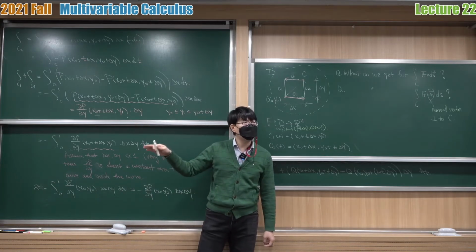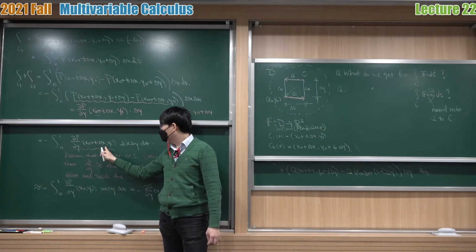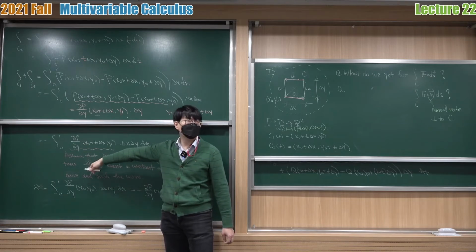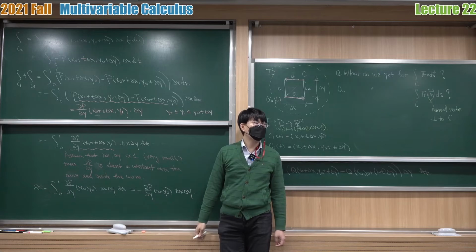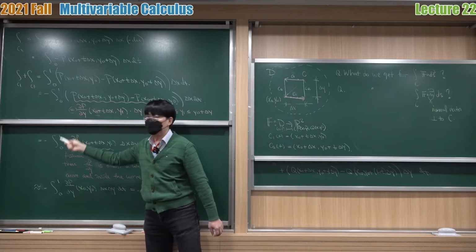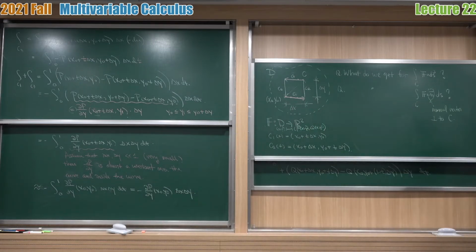But that doesn't really matter, because I'm going to assume the value of the partial derivative is almost constant, so I can pick any point here. But in reality, this equality is real. There is a point y1 that satisfies this equality. It's not just an approximation, it's the mean value theorem.